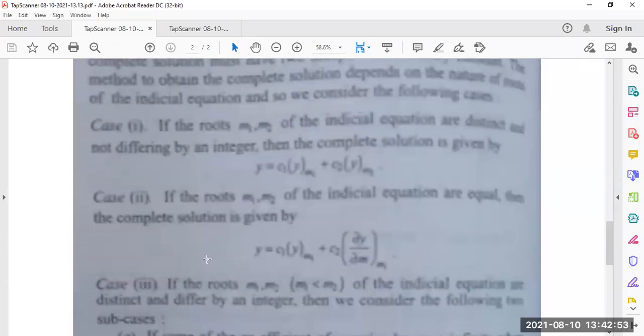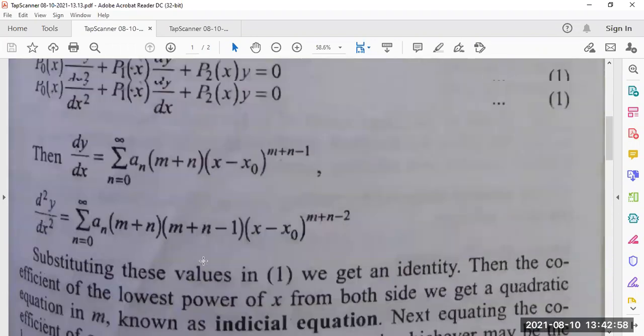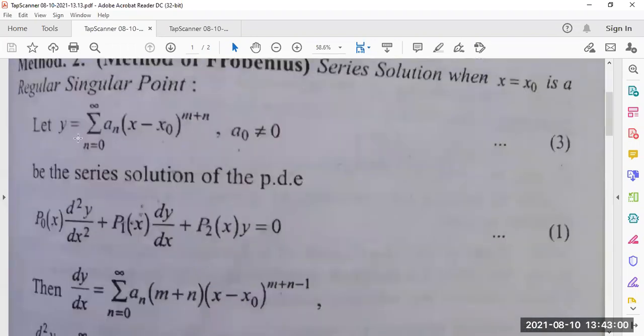By this Frobenius method, we have to take y equals summation n equals 0 to infinity a n into x minus x0 whole to the power m plus n. This is the main thing. Obviously a0 is not equal to 0, where x equals x0 is a regular singular point. Already we know what an ordinary point and a regular singular point are.